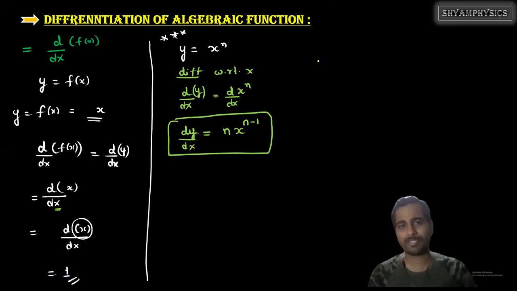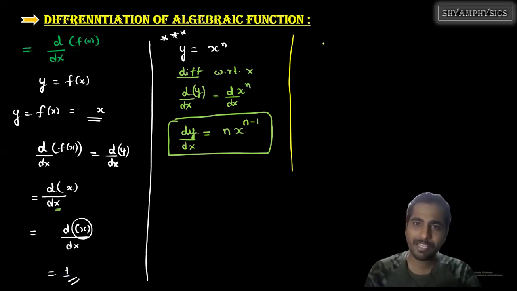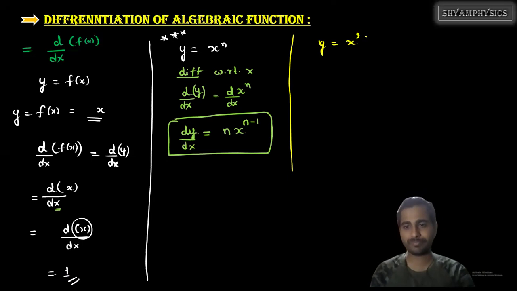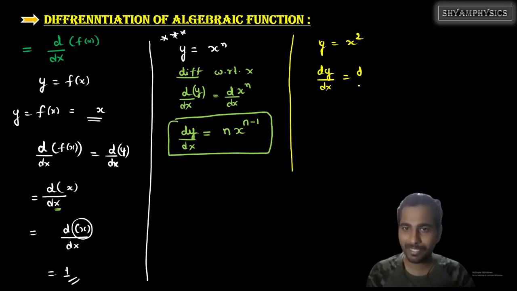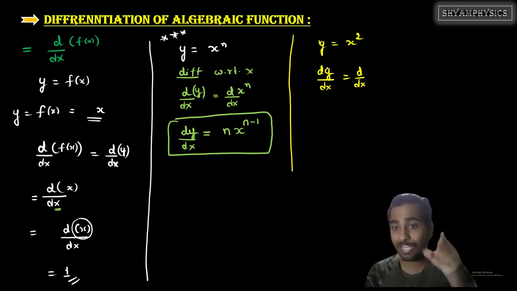For example, now I'll say y is equal to x to the power 2. Now, if I want to differentiate this one, I will write dy by dx, means d by dx of y value. What we need to substitute here? x square.